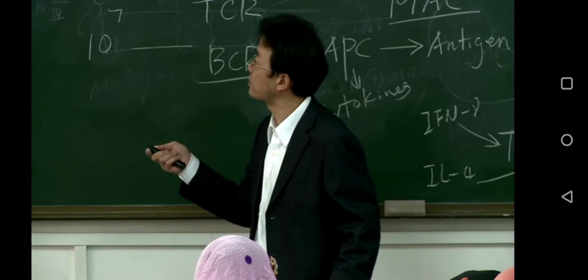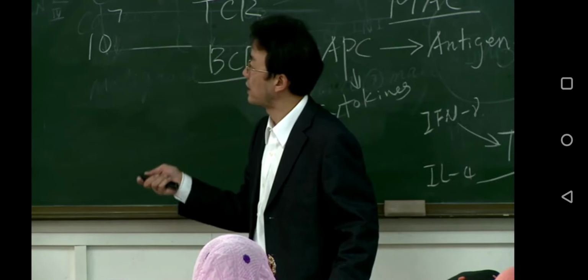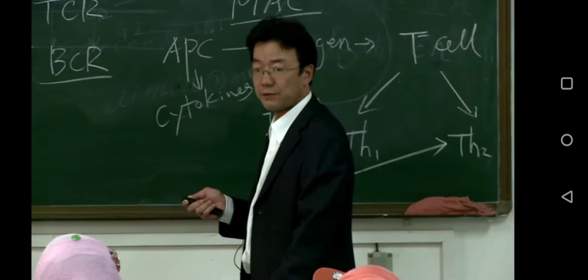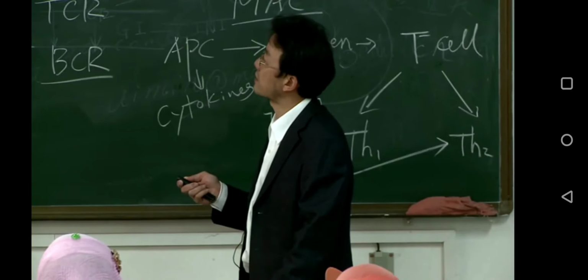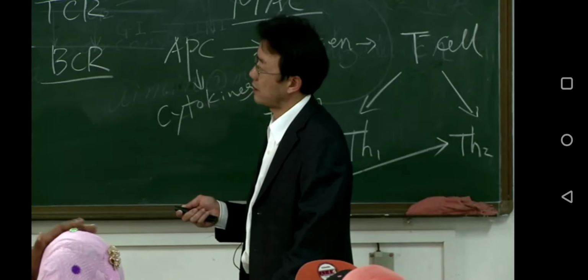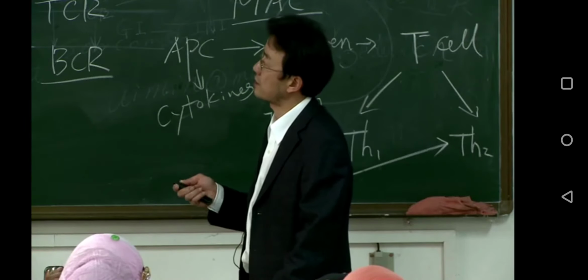Complement could bind to the receptor, then the B cell proliferates and differentiates, mediating the humoral immunity. And finally, after the immune system eliminates the pathogen, it returns to its basal resting state. We call it homeostasis.